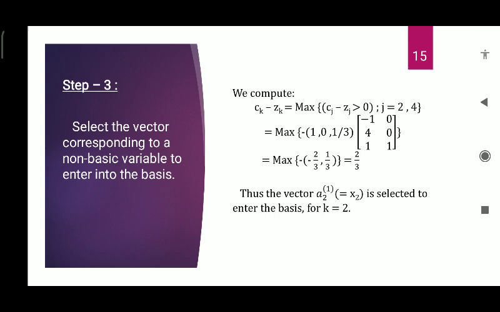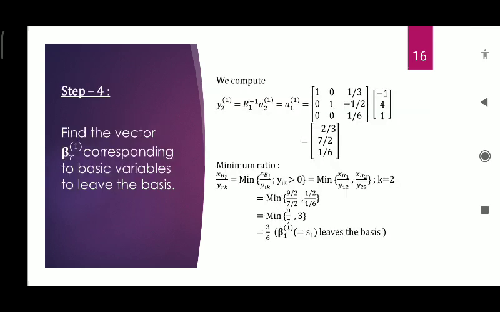This can be calculated as usual by using the formula: minus the first row of matrix B1 inverse into the additional matrix. From this we get 2 by 3 as the maximum value. Here all the other values are negative, so the maximum value is 2 by 3. Thus the vector a2 upon 1, namely x2, is selected to enter into the basis for k equal to 2.